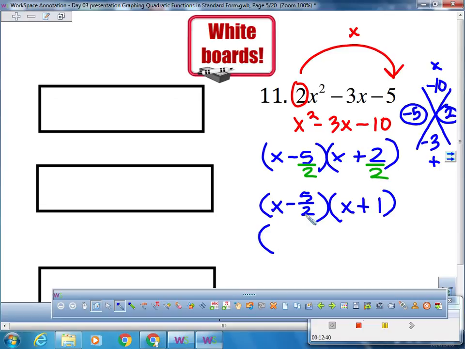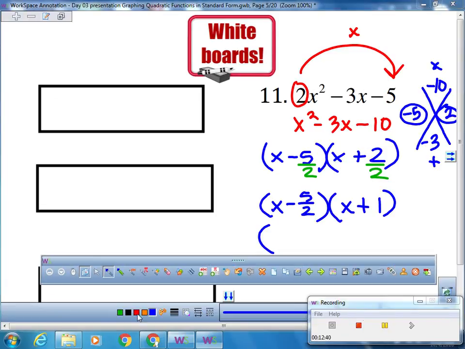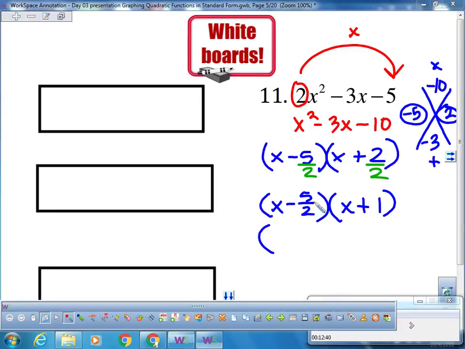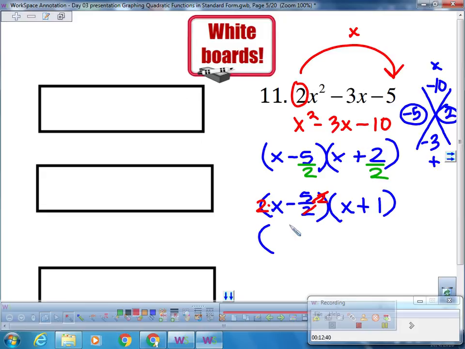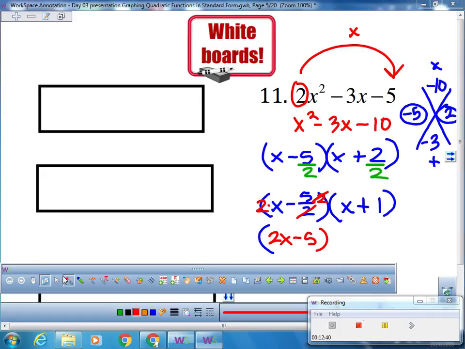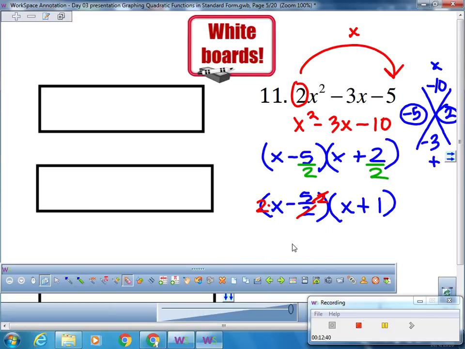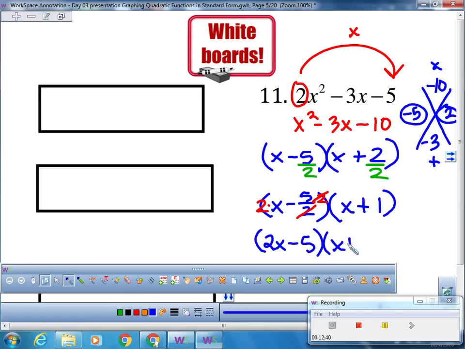The 2, if I don't want to have as a fraction, because we normally don't see that when we factor, I could just multiply both of them by 2, and it gets rid of the 2, and I end up with 2x minus 5. Right, does that help? Okay. 2x minus 5 times x plus 1, which is what most of you had.